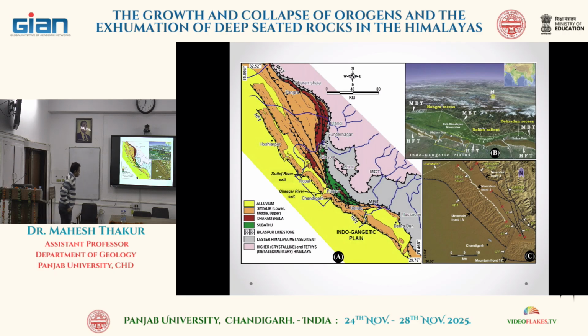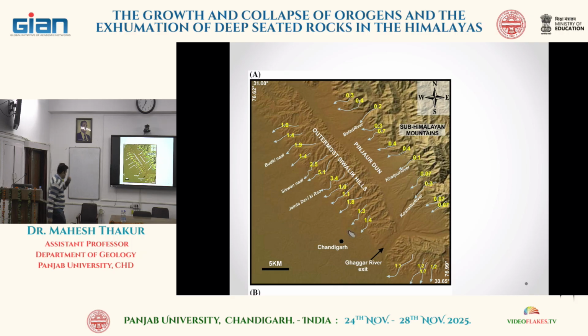Okay. So there was a paper by Vimal Singh and Tandon. Basically, they explained that in this area, Chandigarh is right here, this is the Sukna Lake, and these are the small mountains, the outermost Shivalik hills.